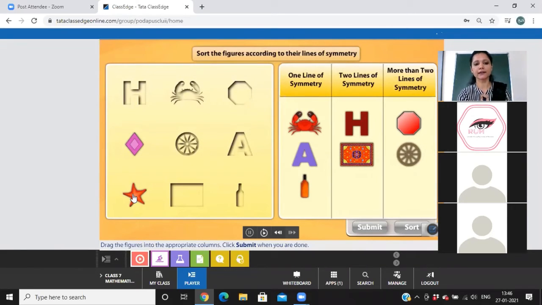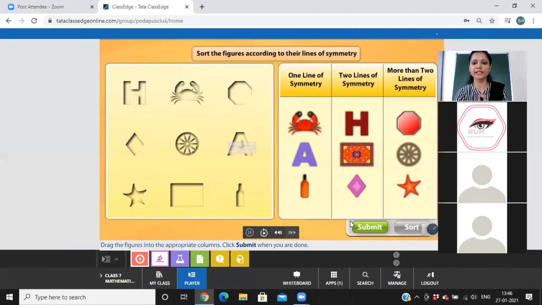What about this star? All of you, what about this star shape? More than two lines of symmetry. Very good. And next, this rhombus shape. Two lines of symmetry. Rhombus again has two lines of symmetry.